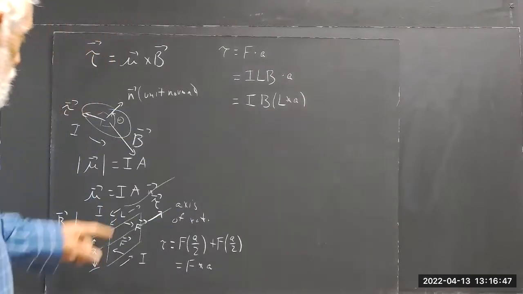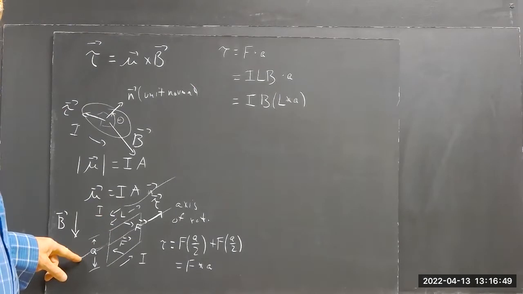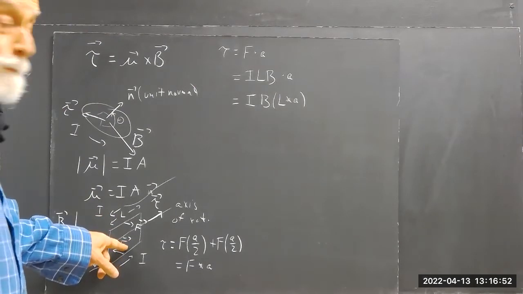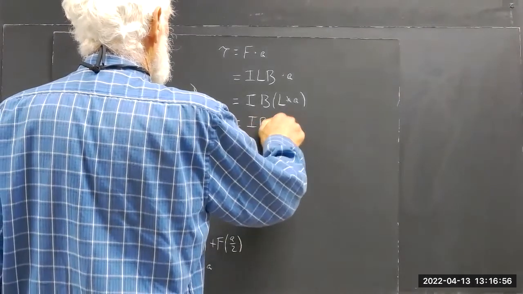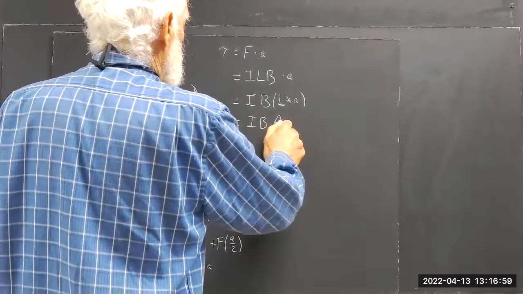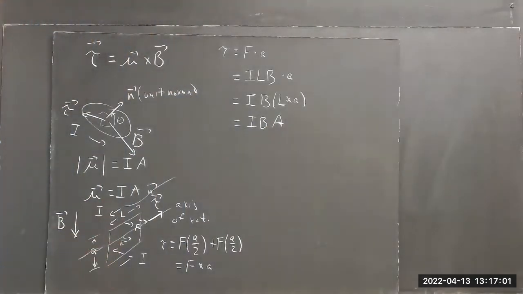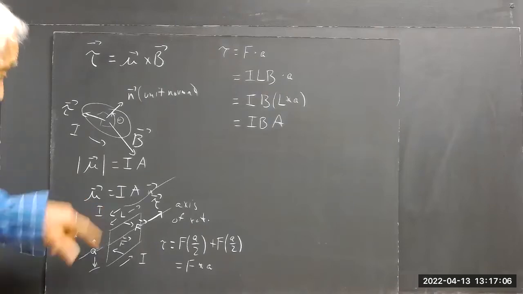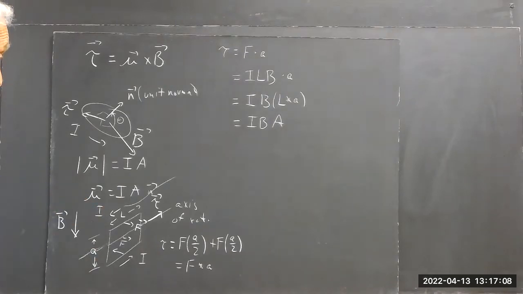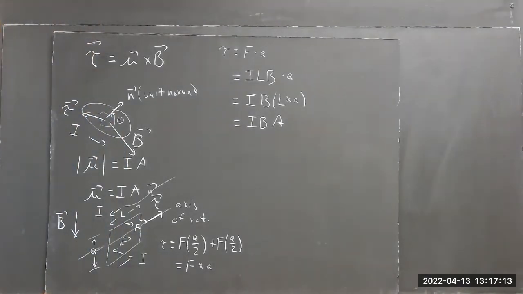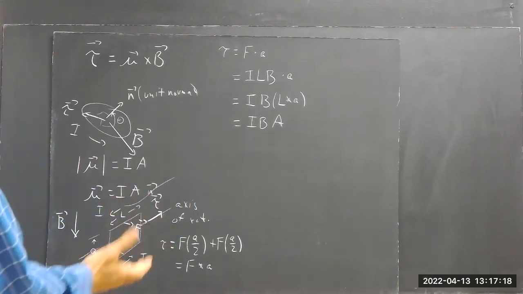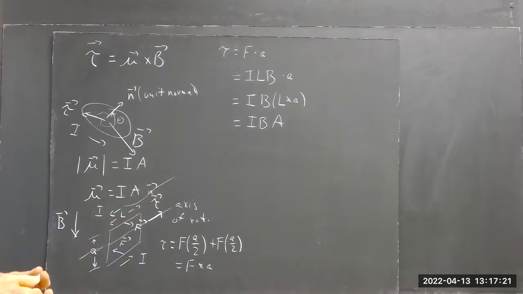What's the significance of L times little a here? It's the area of that rectangle. Now you can worry about the vector aspects of this, but in this case, current's in this direction, so your normal vector to this loop is out here.